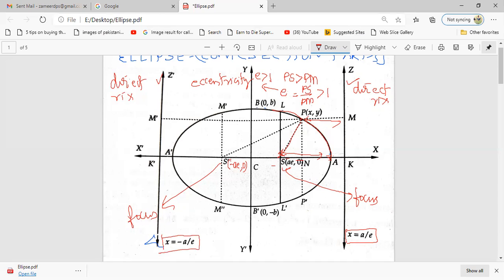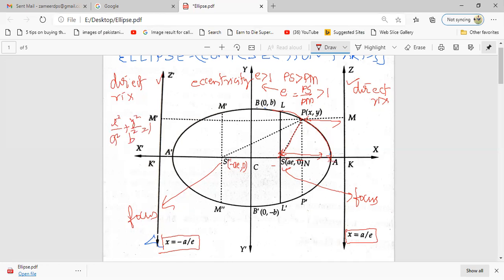The equation of this ellipse will be x square upon A square plus y square upon B square is equal to 1. What is A?